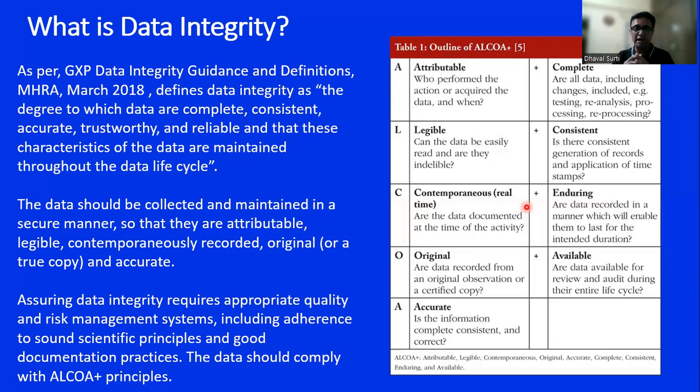So by all means, data should be available whenever they are needed. So this is how ALCOA and ALCOA Plus work. This forms the basis of data integrity. If we are not meeting this requirement, then it means we are not working in an integral culture. We are not integral with respect to our data.